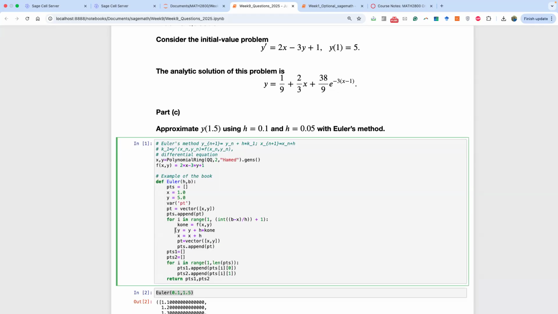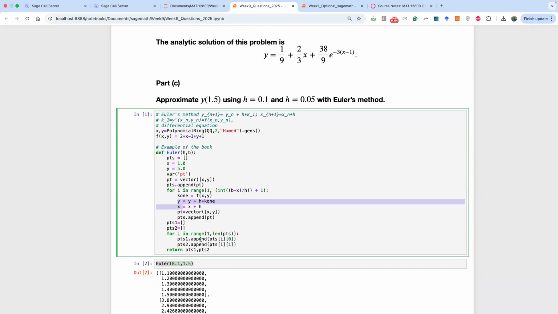Once we found these new y and x, it will be a point, and we will add those points to our points PTS here.